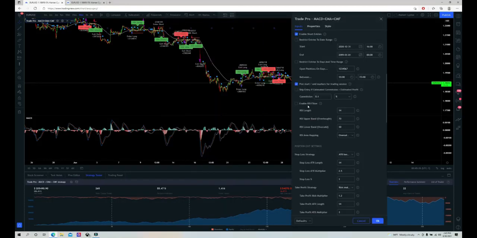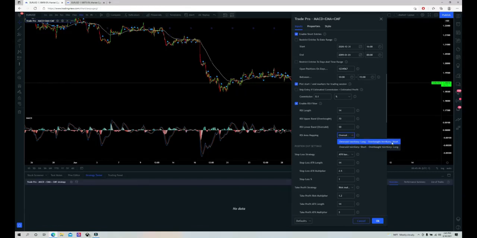So let's get into the RSI filter a bit here. If we enable the RSI filter, there's a couple things that you can have it do. I'm going to turn it on and explain the different things. So the first one, as default, you can have it only take a long when RSI is in the oversold territory, and you can have it only take a short when the RSI is in the overbought territory.